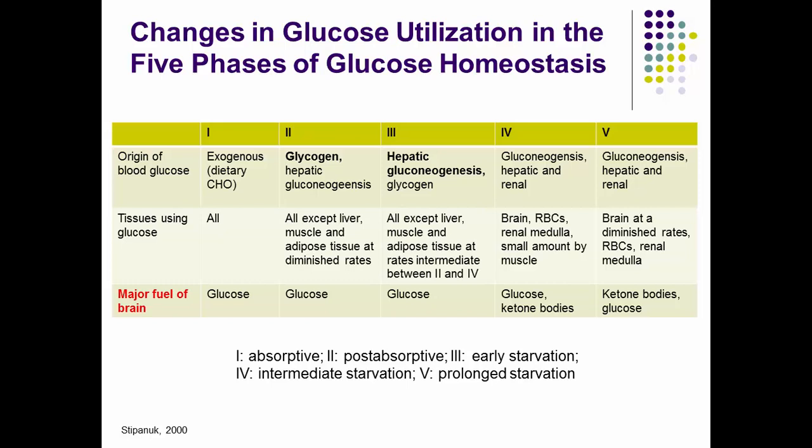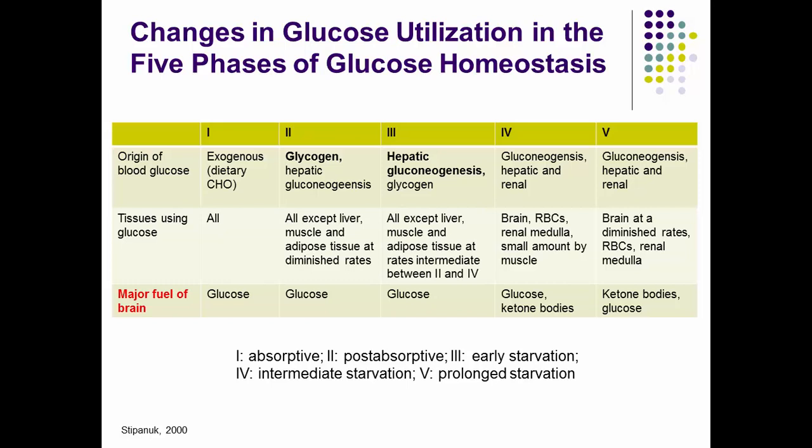First of all, stage 1 is basically the fed condition, 2 to 3 hours after a meal, and dietary carbohydrates are the major source of energy for all the tissues. All the tissues utilize glucose as the energy fuel in the first phase, and of course the brain utilizes glucose in the first phase.